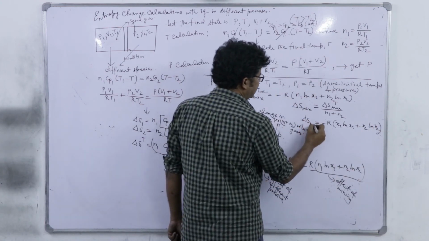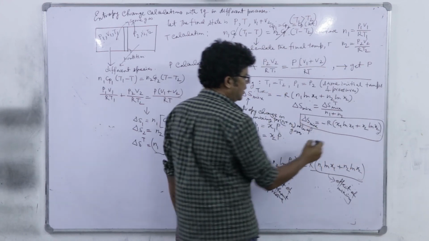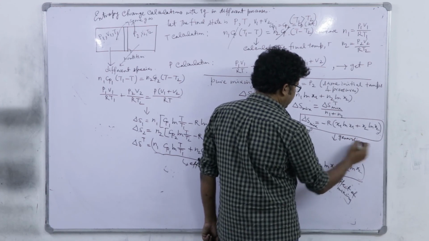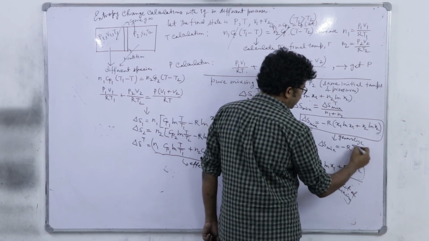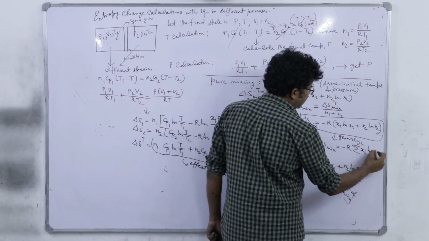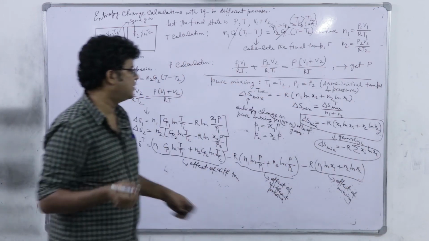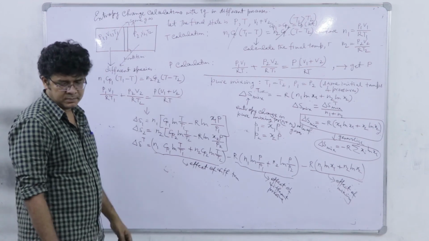So, this is the pure mixing entropy change for 1 mole, and finally, we can generalize it as delta S mix is equal to minus R summation of xi ln xi, right, which we will again prove in solution thermodynamics when we study the Gibbs theorem.